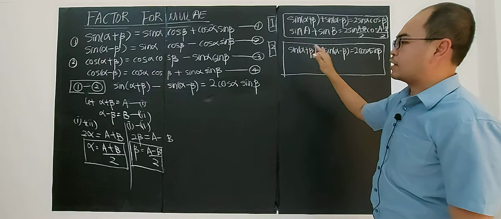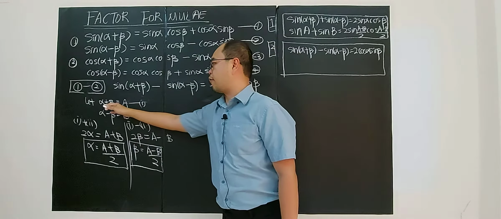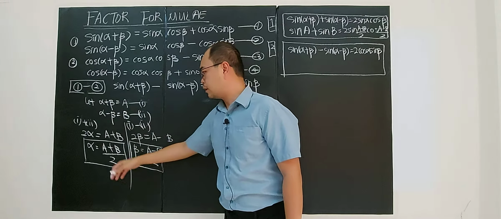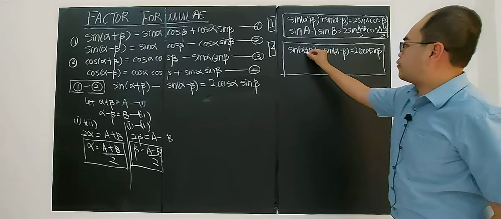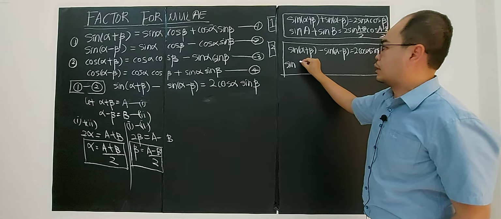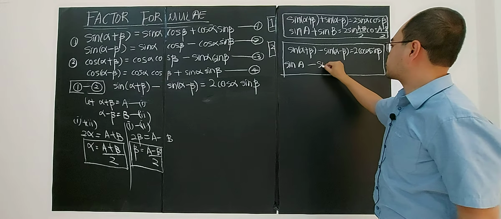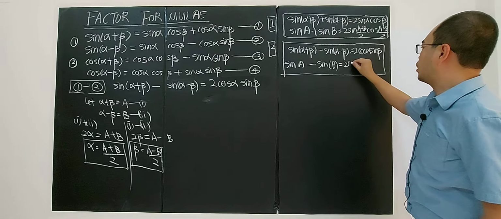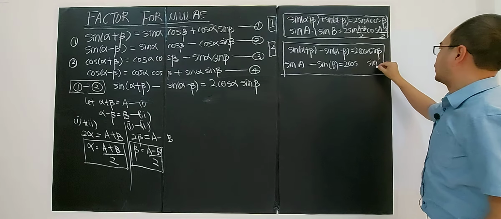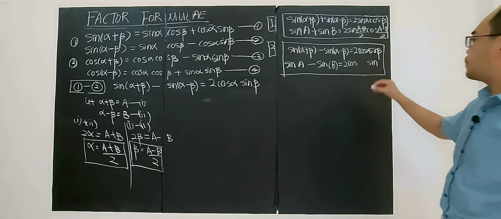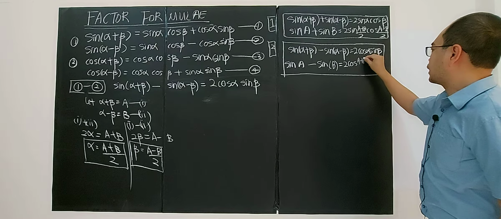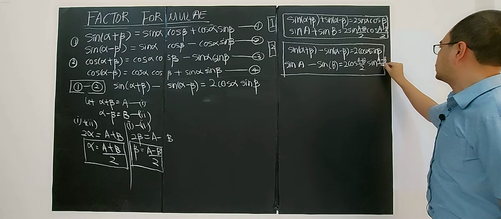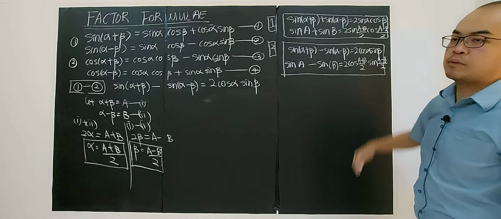You have already assumed that alpha plus beta is A and alpha minus beta is B, so the same thing happens here again. So 2 cos sine. What is your alpha? Alpha is (A plus B) over 2, and beta will be (A minus B) over 2. This will be the second formula.